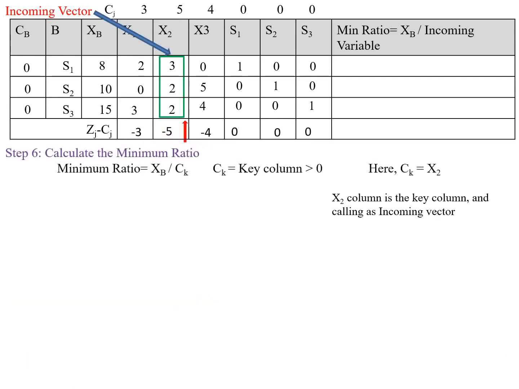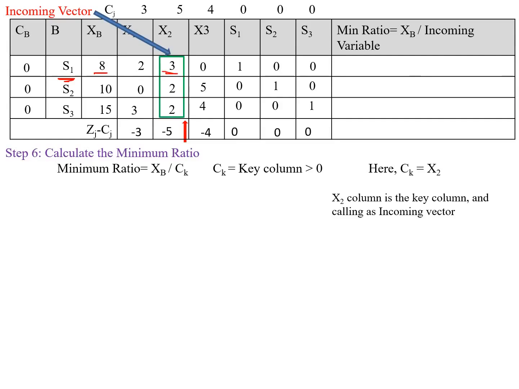Next we determine the minimum ratio of xb by incoming variable. That can also be written as the minimum ratio xb by key column variables. So first we have to determine xb by the key column variable for S1. For S1, xb is 8, divided by key column variable, that is 3.